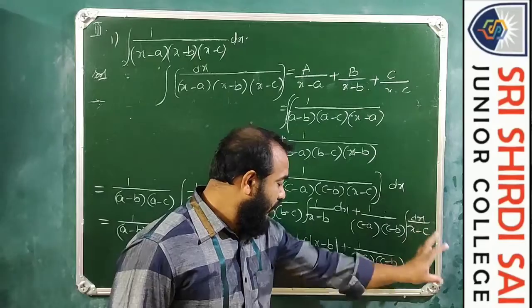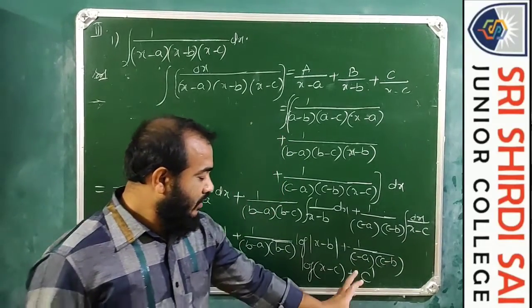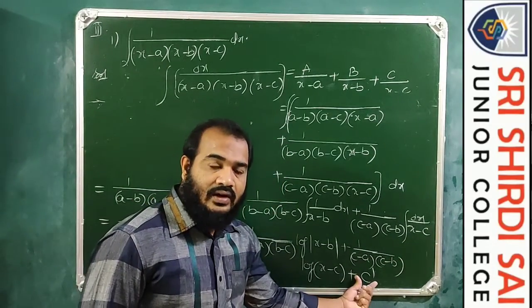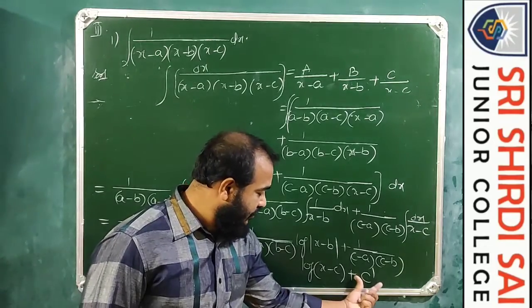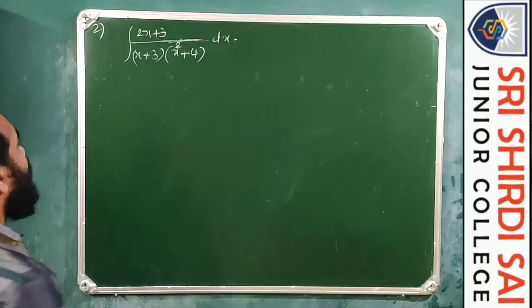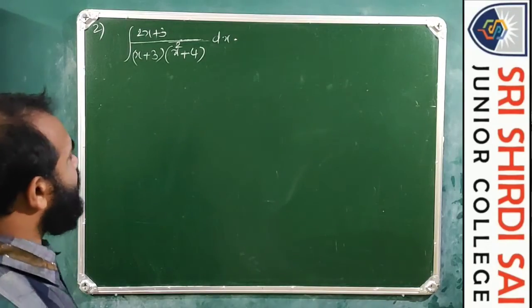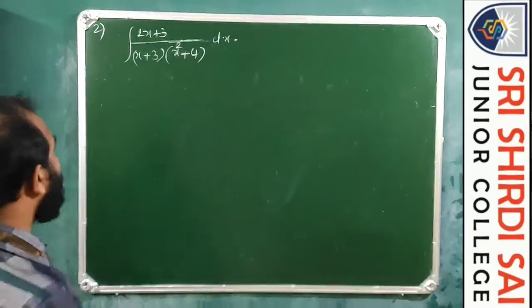Therefore, to avoid confusion, I have used another C dash here. Next: integral of (2x plus 3) by (x plus 3) into (x square plus 4) dx.